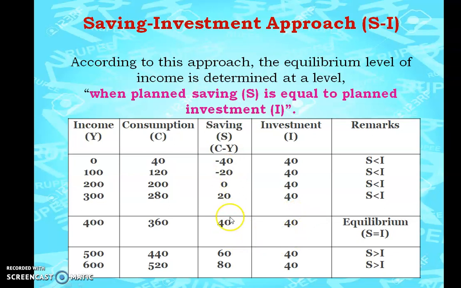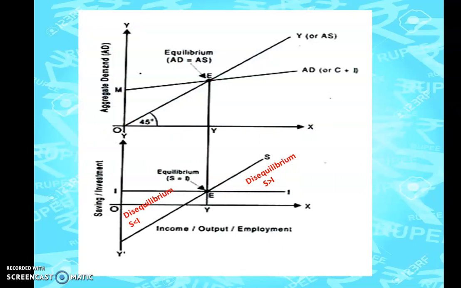Below this, our savings are less than our investment, and above this, your savings are more than your investment. There we learned that aggregate demand is equal to aggregate supply, so both are more or less the same. But here we are talking of savings and investment.